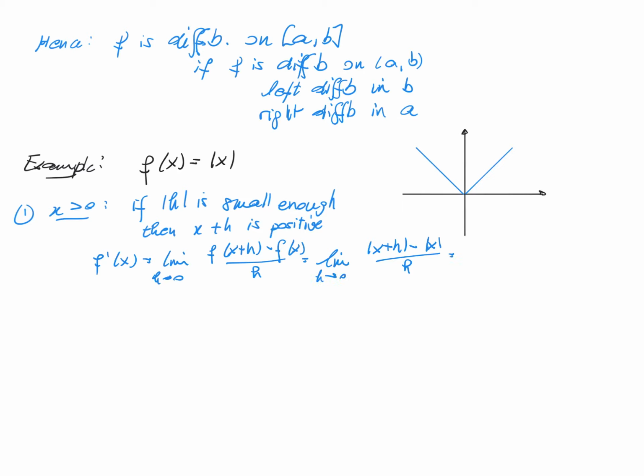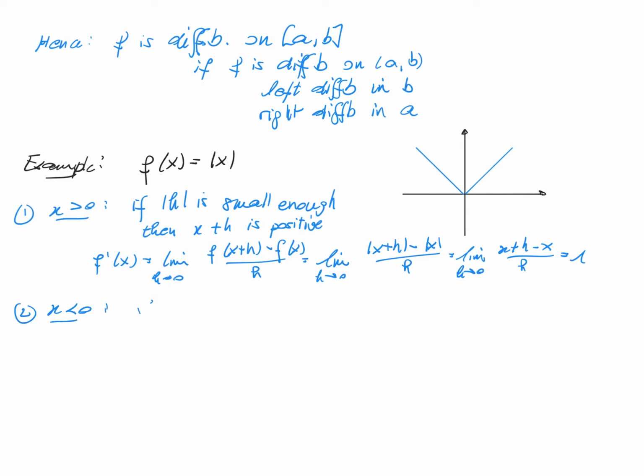We now know that x is positive, so the absolute value of x is x. Same thing for very small values of h, which happens because h is going to 0. X plus h is positive, so we have just x plus h minus x divided by h to 0, and this limit is 1.